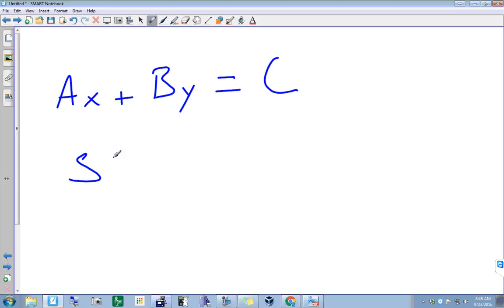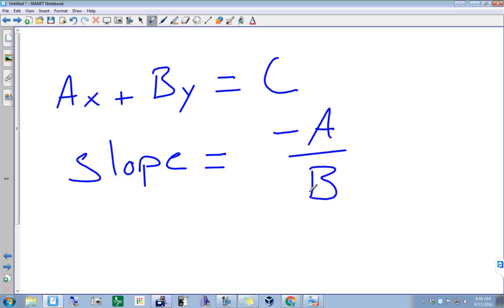But what I want you to have here is this. Slope is equal to negative A over B. This is a nice little shortcut that if you see an equation that is written in that form, that's what the slope is always going to be.